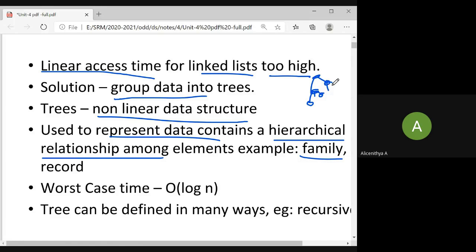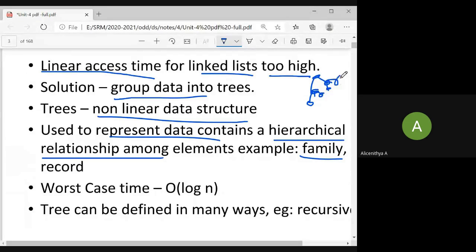Likewise, I can group several things. If this is a parent, these two will be children of this parent. They are siblings. These children can have other children. Any family structure can be drawn in a tree-based way.